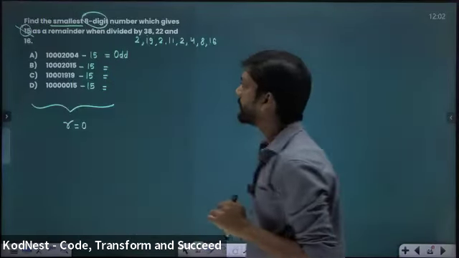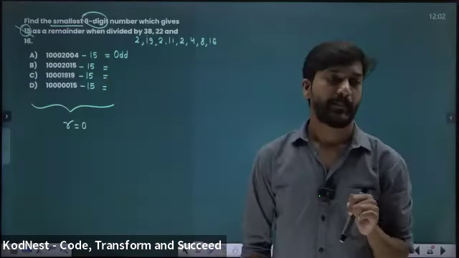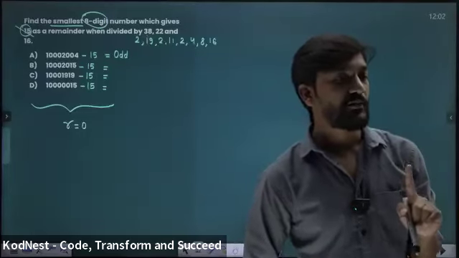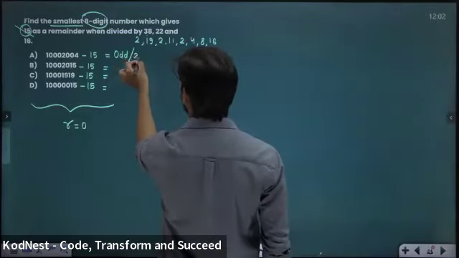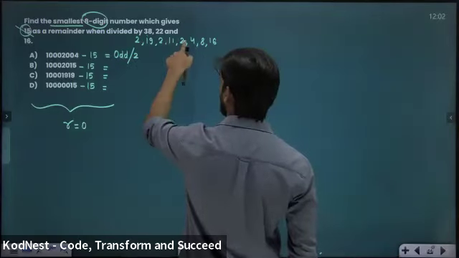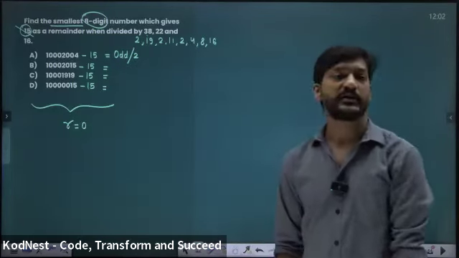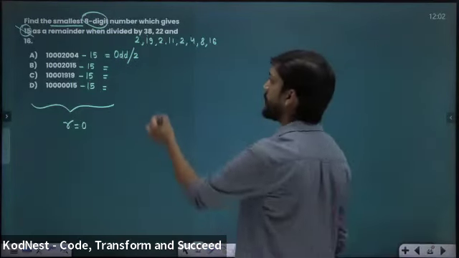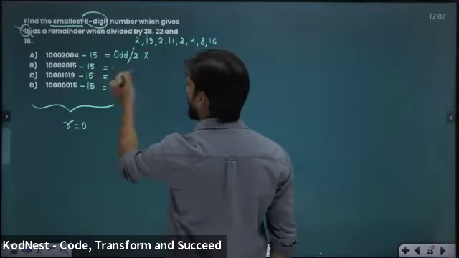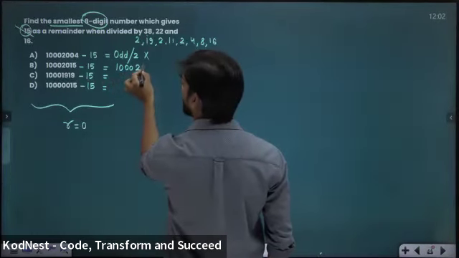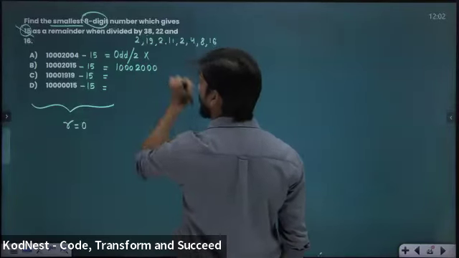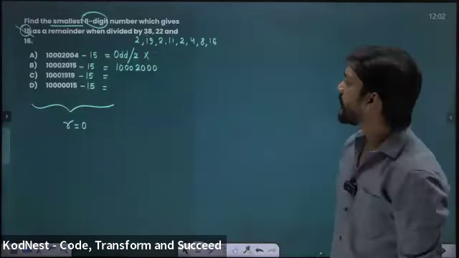Odd or even. Odd number. Can an odd number be divisible by 2? Check please. Is it possible? No. Option removed. Okay. If I subtract this, I will get 2,000,000. Is it divisible by 4?